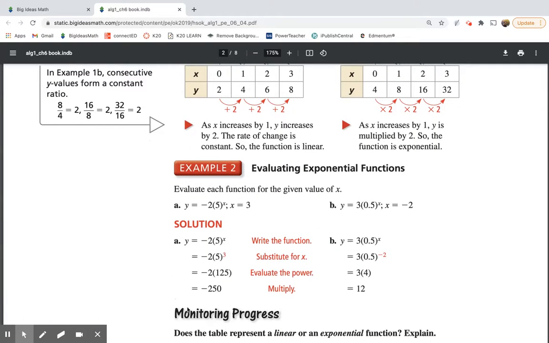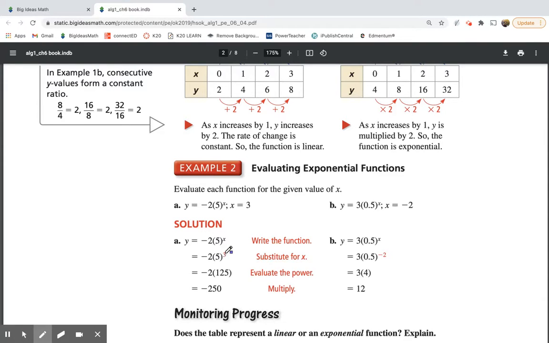Now we're going to look at evaluating an exponential function. Remember, they're in the form y equals ab to the x power. So this first one, A, says y equals negative 2 times 5 to the x power when x equals 3. So this semicolon, remember, separates the problem. This is the problem, and we're going to solve it for when x is 3. So the first thing you do is rewrite it.